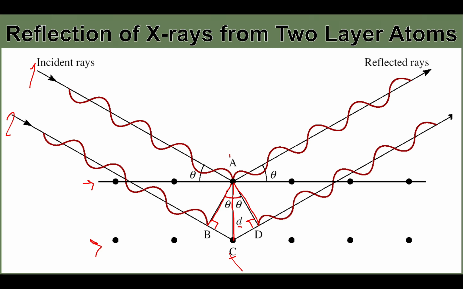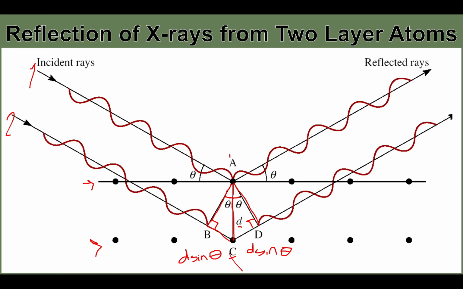So to get the distance from B to C, you will have d sine theta, and from C to D, you will have d sine theta.